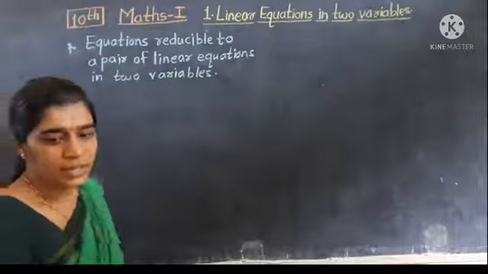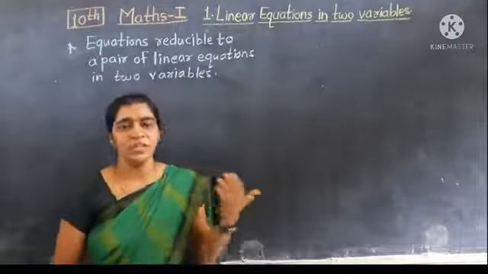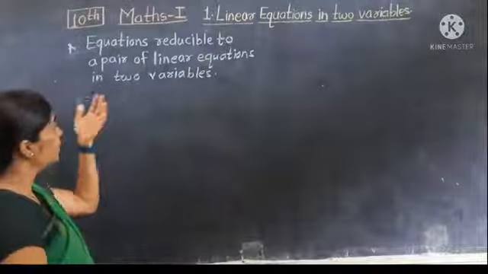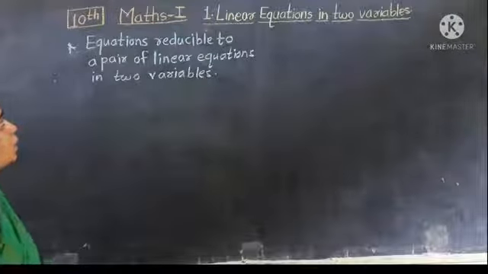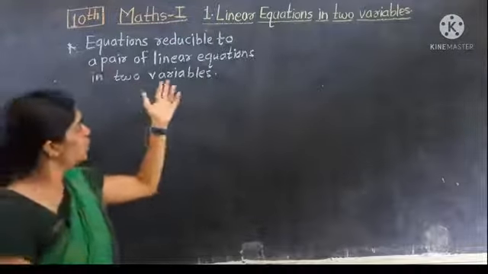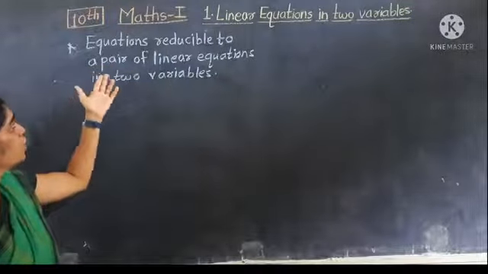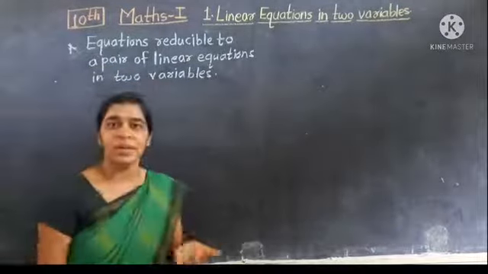We convert these into a pair of linear equations in two variables. What is the meaning of this? How do we reduce equations to a pair of linear equations in two variables?